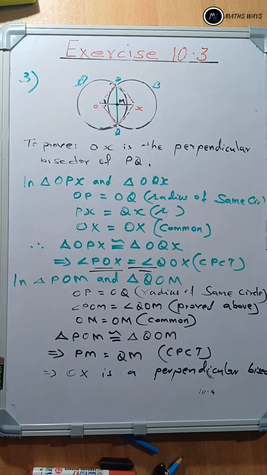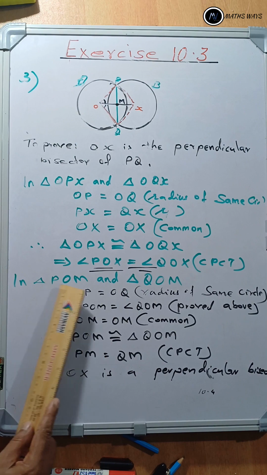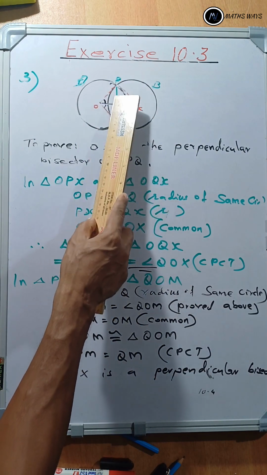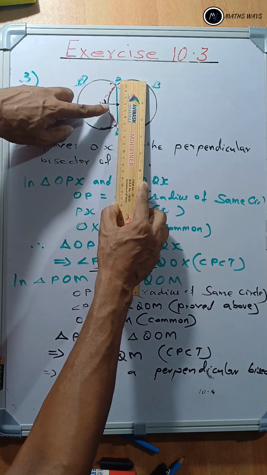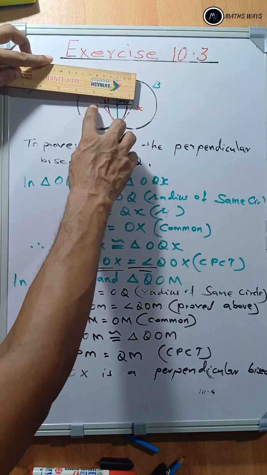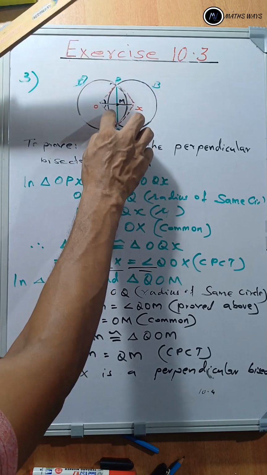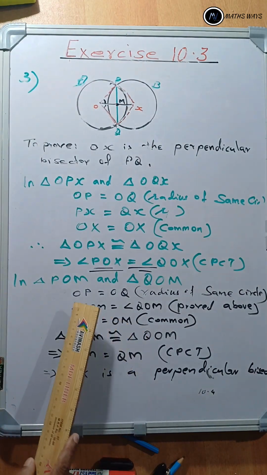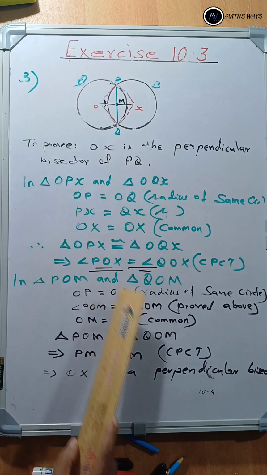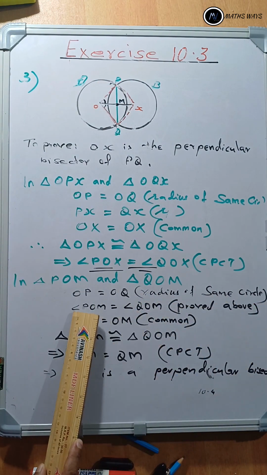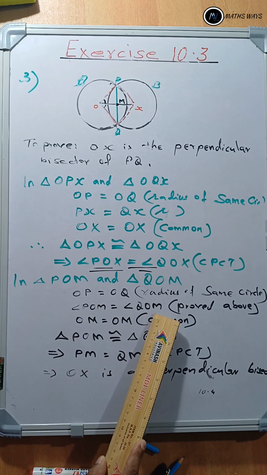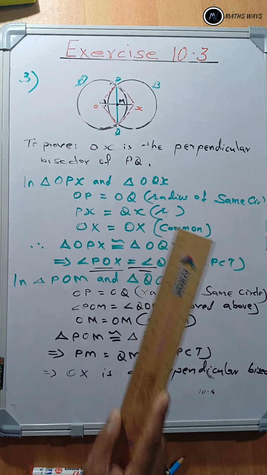Then we take the next two triangles, POM and QOM, these two small triangles. OP is equal to OQ, radii of the same circle. Then angle POM is equal to angle QOM, which we proved here.